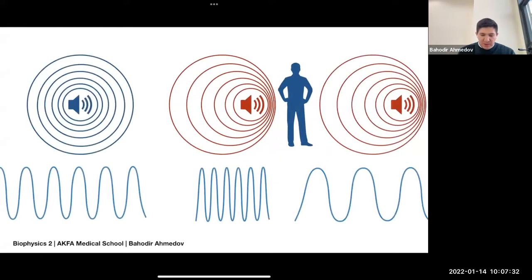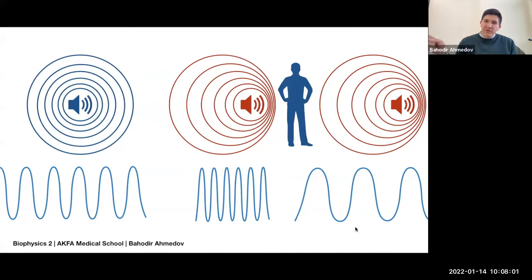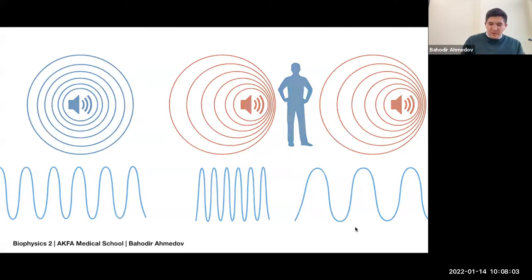You can see this in this image. Whenever we talk about frequency, it's the number of oscillations per unit of time, so essentially per second. Originally the sound has some frequency, and as the sound moves towards the person, its frequency is going to increase, and if the sound is moving away from the observer, then its frequency is going to decrease.